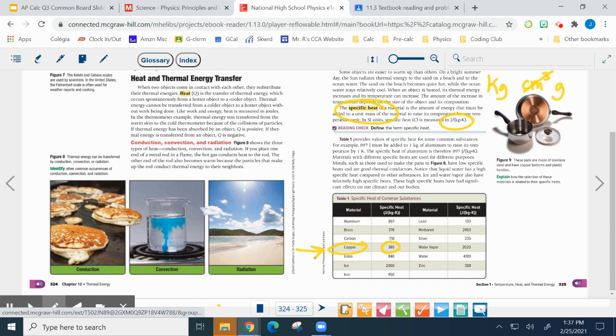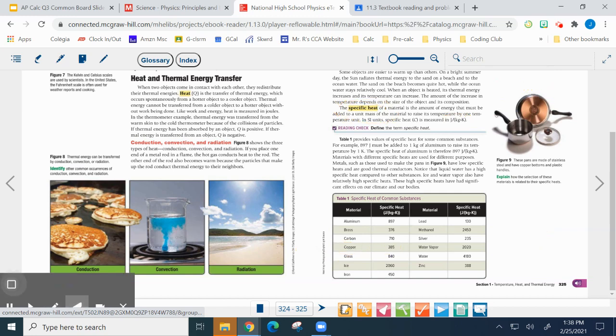So if you try to verify that, you're going to find it says 0.385 instead. So don't let that confuse you. That's just grams to kilograms. And it should be in kilograms because kilograms is a base unit in the metric system. But okay, so that's what we needed to know there.